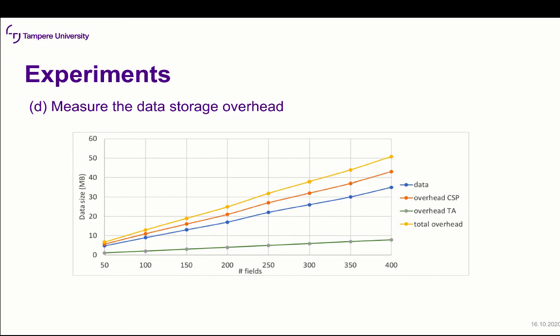That is the size of the indexes stored at the TA, and the orange line is the size of the encrypted data plus the indexes stored at the CSB. The yellow line is the sum of the data size stored at the CSB and TA. So we can see that the difference between the scheme and the plain text data storage is the difference between the blue line and the yellow line.